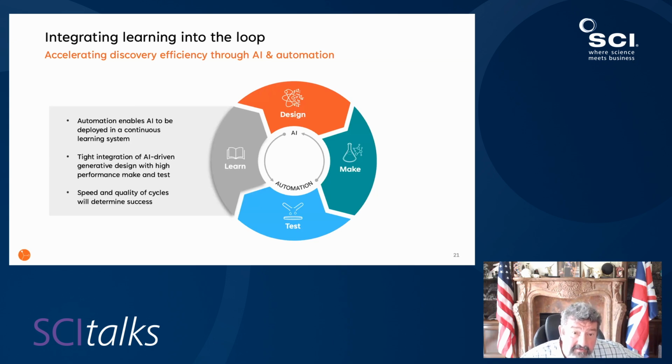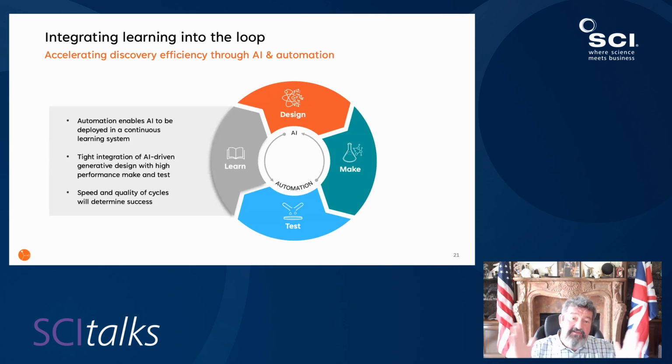So we have tight generation of the AI design with make and test, so the synthesis and screening of the compounds. And also one of the other advantages here is that the speed and the quality and the reproducibility of the data in this approach has also got large benefits.